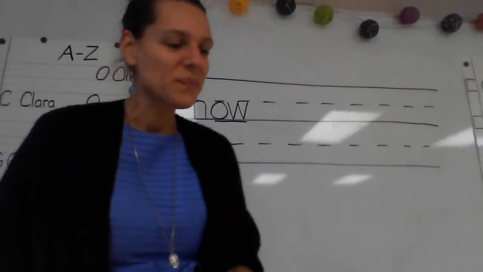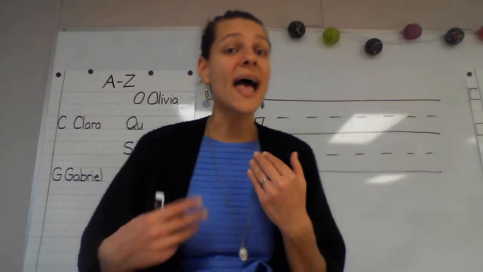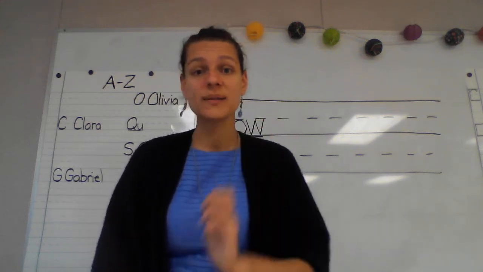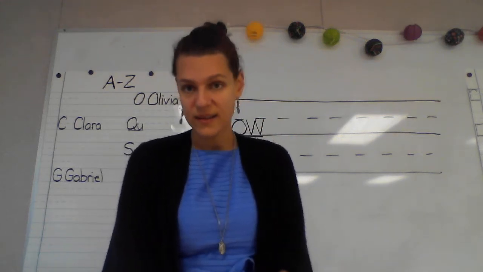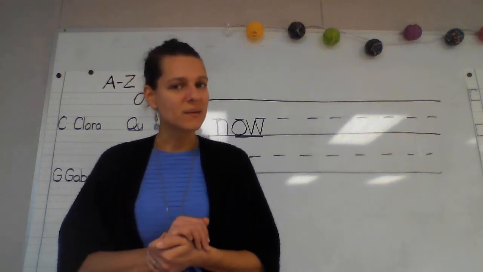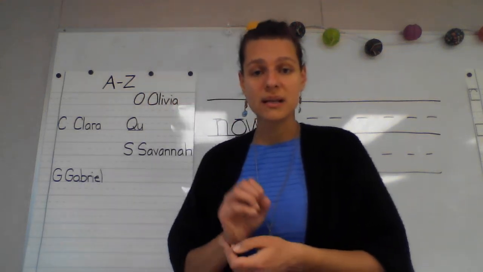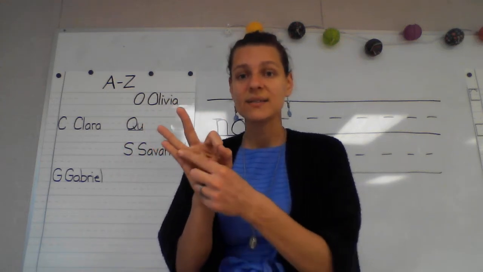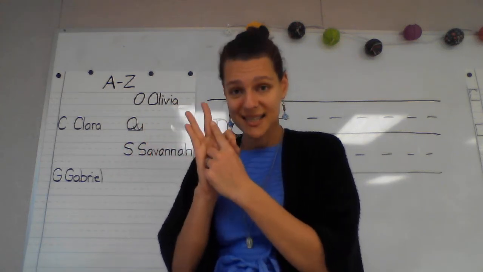All right, the next word that we're going to write is out. Class, what's the word? Good, out. I ran out the door to catch the bus. Out. What sounds do we hear in the word out? Very good. Our sounds are ow, t.